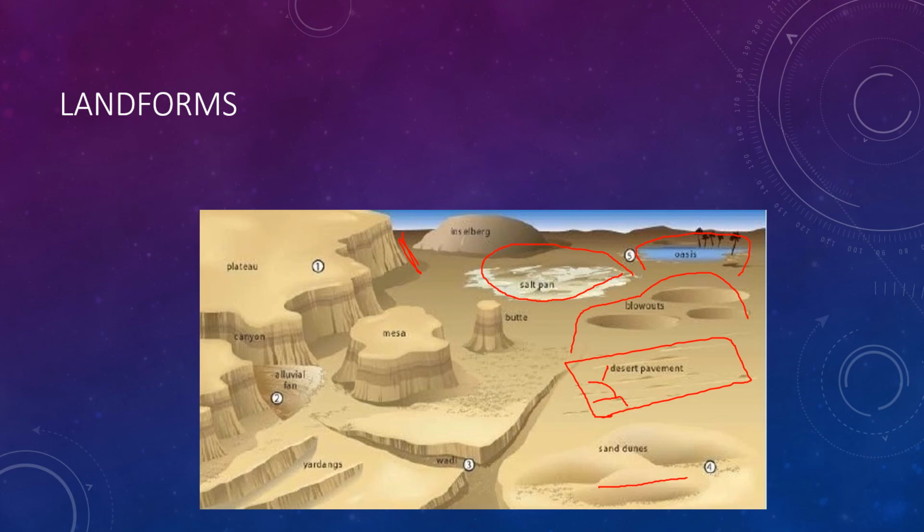Now looking at Mesa and Butte, both of these structures look almost similar, but the difference is that Buttes are very steep height structures, while Mesas are created by the process of some canyon passing here. Canyons are those steep-sided valleys in which some river is flowing.